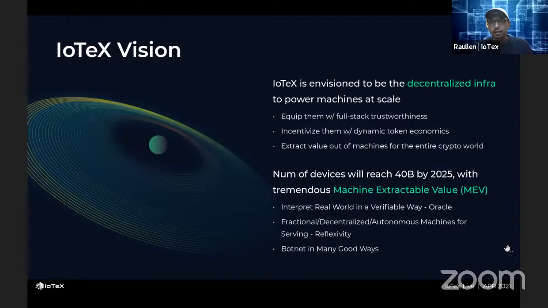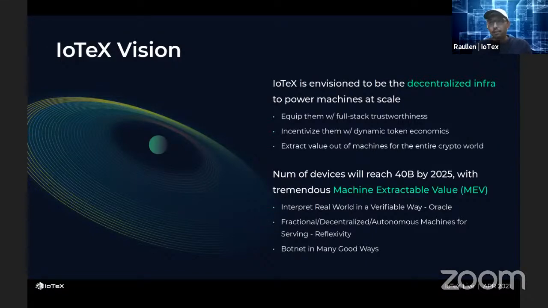And we're also incentivizing them with dynamic token economics. Everybody knows token economics is the silver bullet for different types of crypto projects, so we definitely want to bring this to the machine world. And the third thing is we want to extract the value of machines for the entire crypto world. As everybody can see, the machines that surround us are becoming more and more numerous.